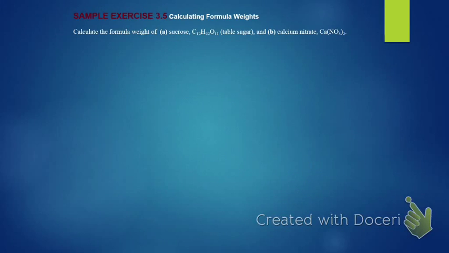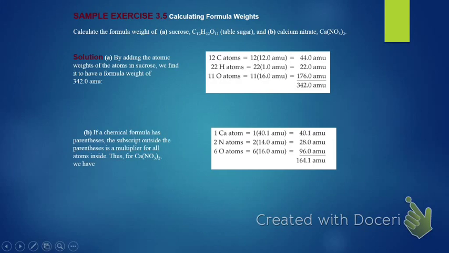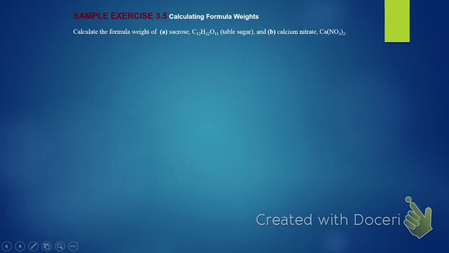Let's do one more example. Let's look at table sugar, which is C12H22O11. We'd have to do, for each carbon, 12 times 12.01.